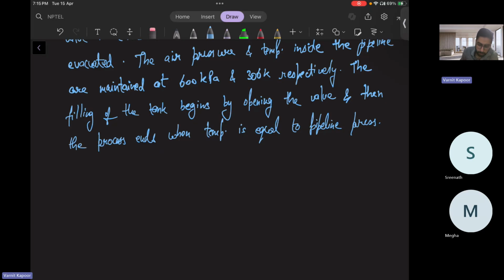During the filling process, heat loss to the surrounding is 1000 kilojoule.